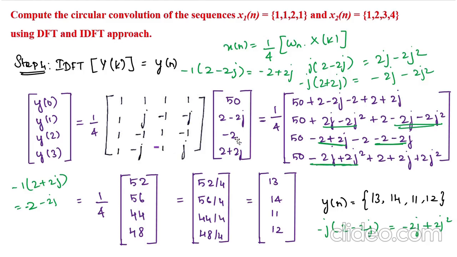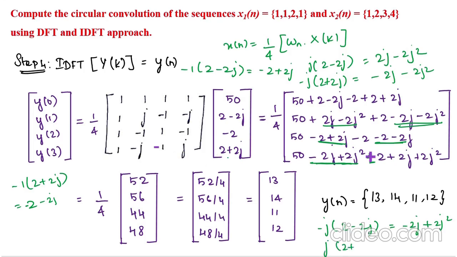Now 1 into minus 2 is minus 2, and this is actually minus 2 here. I have made a mistake. And finally j into 2 plus 2j is 2j plus 2j square. That is what is written here. Okay, so it's just normal matrix multiplication. You have to be careful while multiplying.